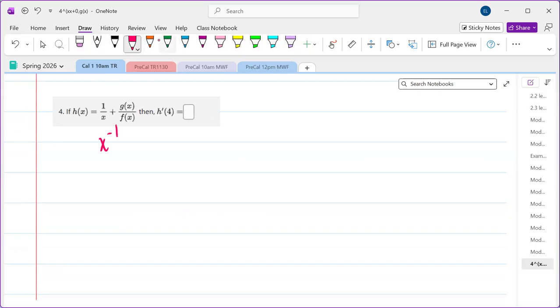So now it's set up in a way we can use our power rule. But then plus g of x over f of x, we're going to have to use a quotient rule on that, but the functions are in backwards order from the way we normally write it.